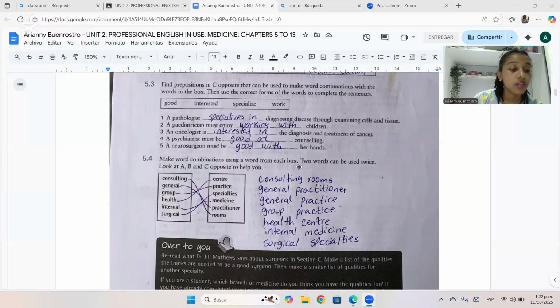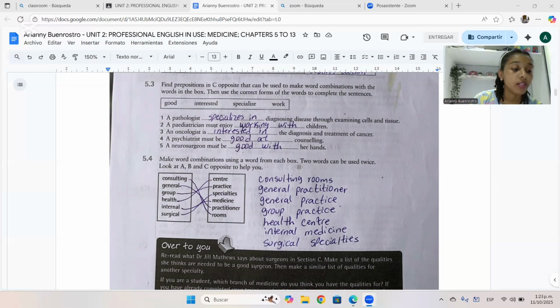Find prepositions in C opposite that can be used to make word combinations with the words in the box. Then use the correct forms of the words to complete the sentences. Good, interest, specialize, and work. 1. A pathologist specializes in diagnosing disease through examining cells and tissue. 2. A pediatrician must enjoy working with children. 3.